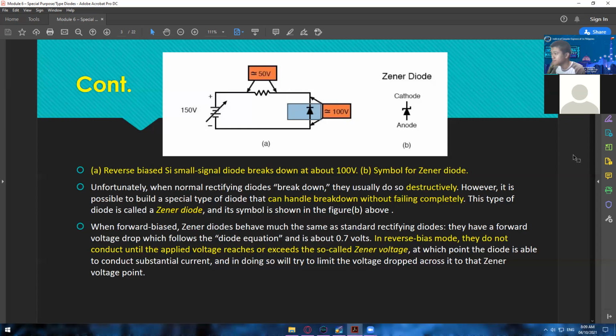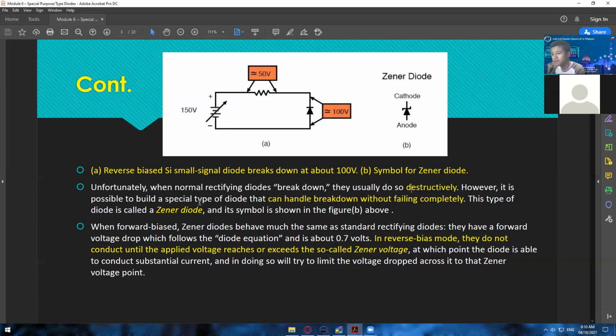Unfortunately, when normal rectifying diodes break down, they usually do so destructively. It can blow up, or it can destroy the entire circuit. That's what is meant by destructively.